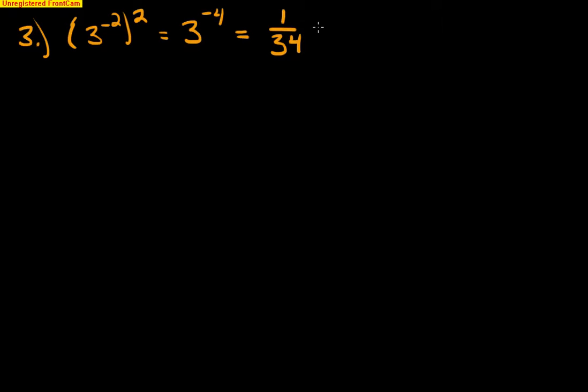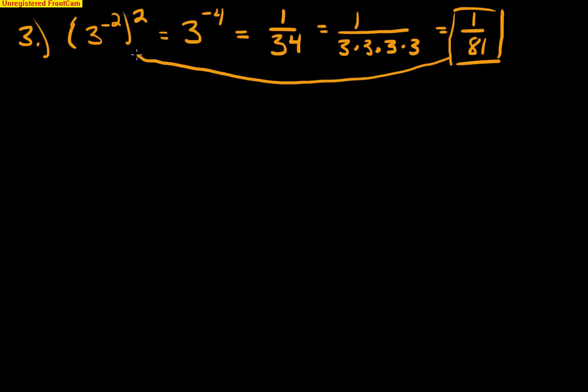Let's write it out: 3 to the fourth power is just 3 times 3 times 3 times 3. If you multiply everything out, you get 1 over 81. I'll put a box around that. That's the answer we're looking for, the simplified version of this.